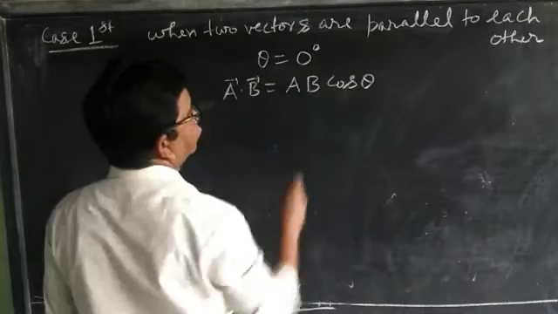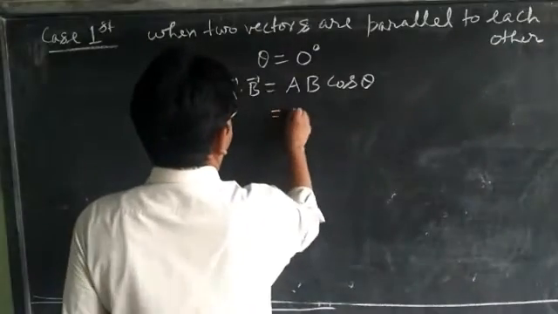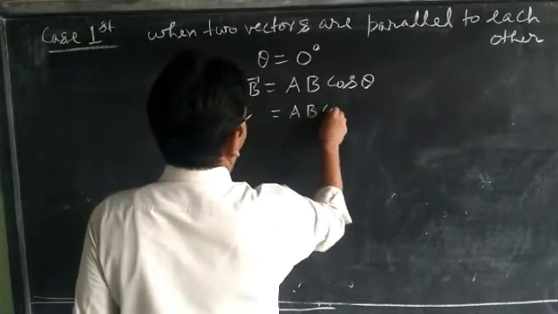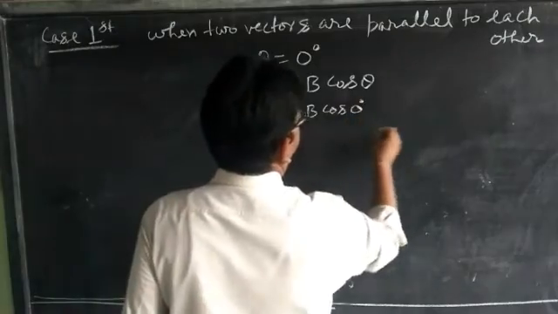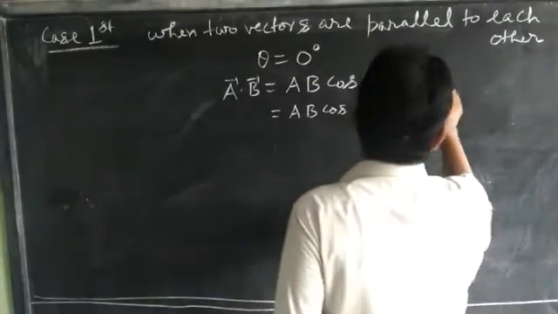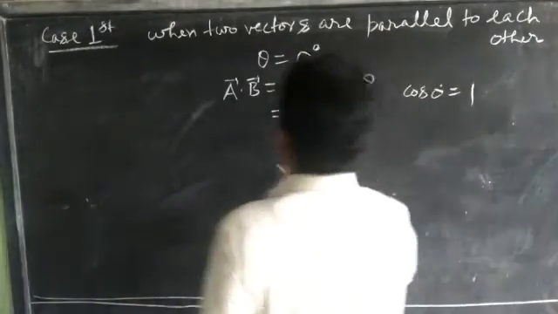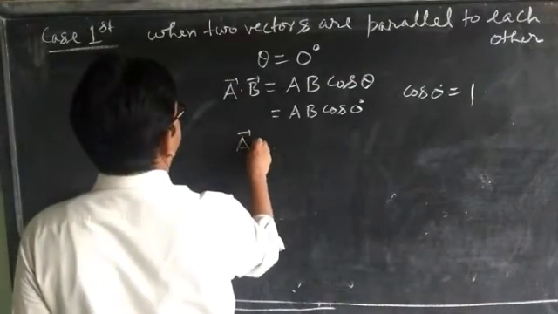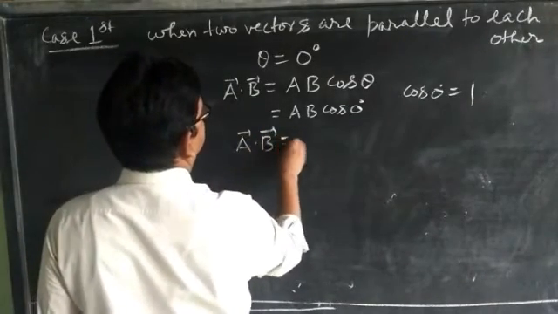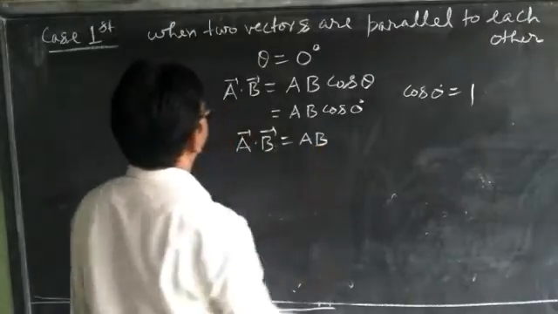Here theta is equal to 0, therefore it becomes AB cos 0, and cos 0 is equal to 1. Therefore vector A dot vector B is equal to AB.